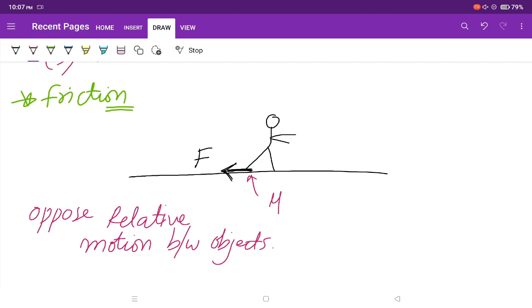So what happens here is your leg pushes backward, and the forward force actually is the frictional force that allows you to walk forward, right?